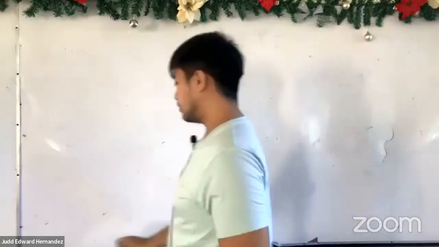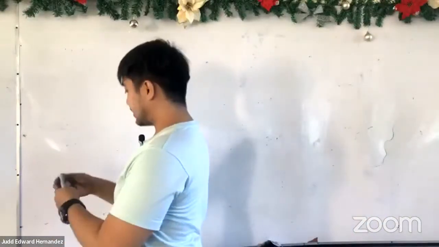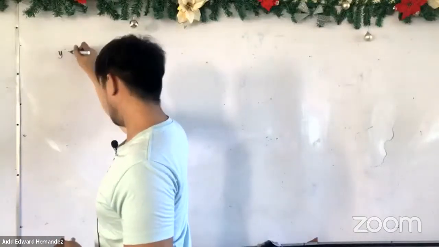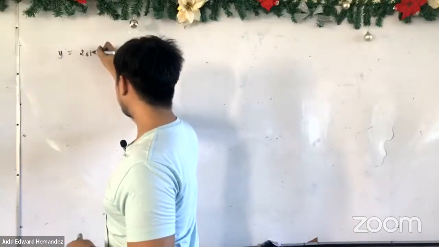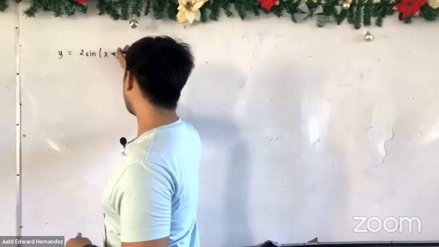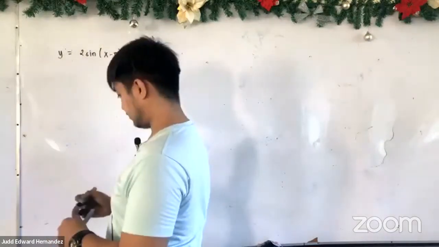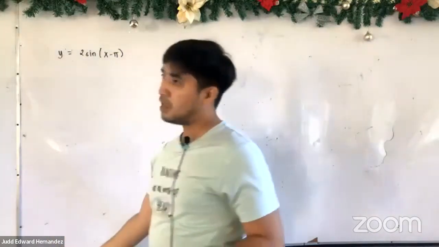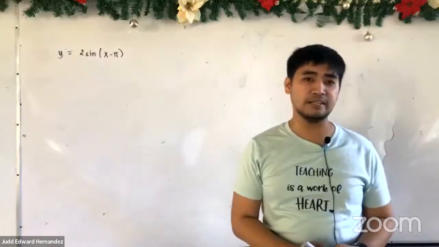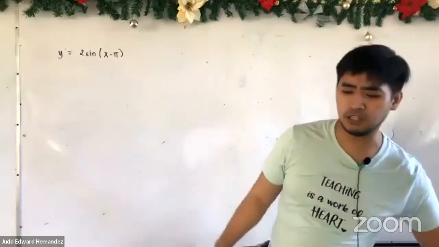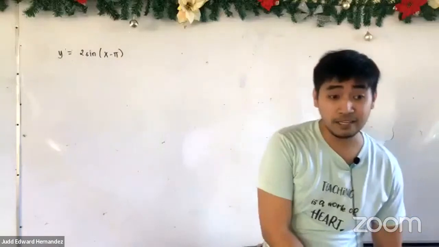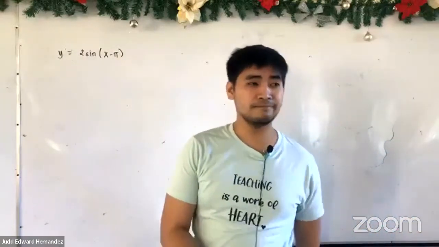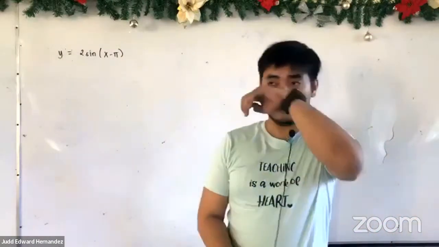Okay, so let's now have this example. y equals 2 sine of (x minus 5). Anong sabi natin sa phase shift kanina? Ano yung nilagay ko doon sa phase shift? That phase shift will be the starting point.